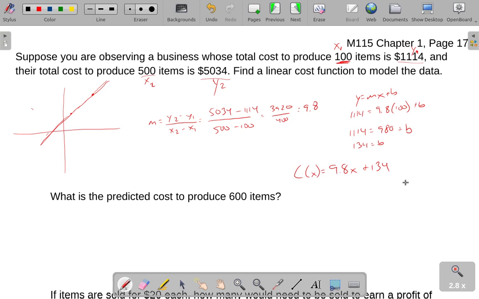Looking at this as a little added question, you can observe that the fixed cost is $134, and the marginal cost is $9.80. It costs $9.80 to make one additional item. It cost $134 initially to set the whole process up.